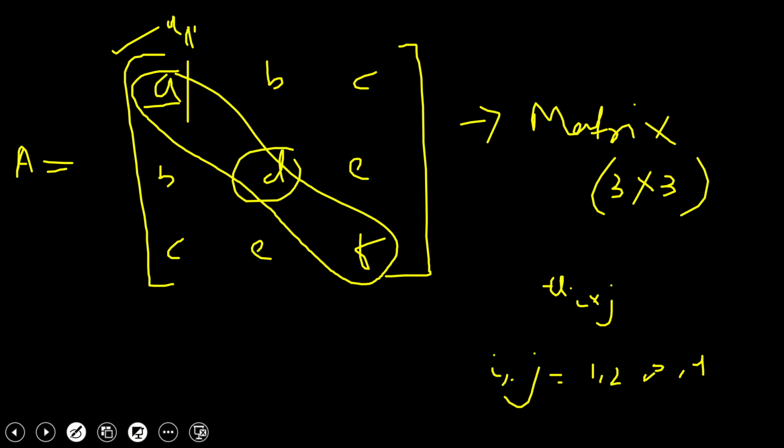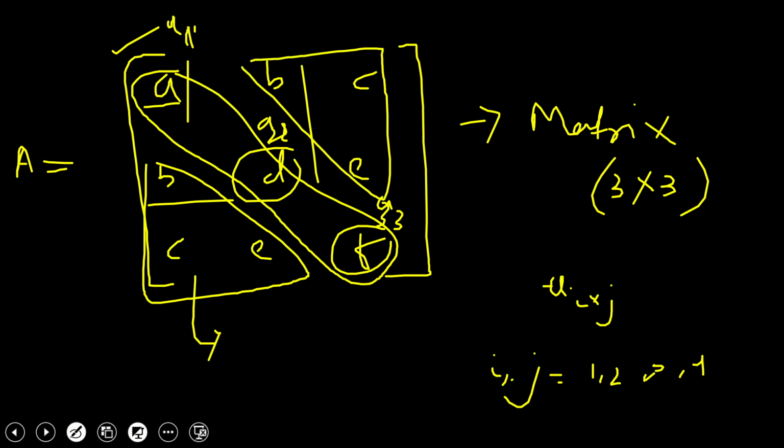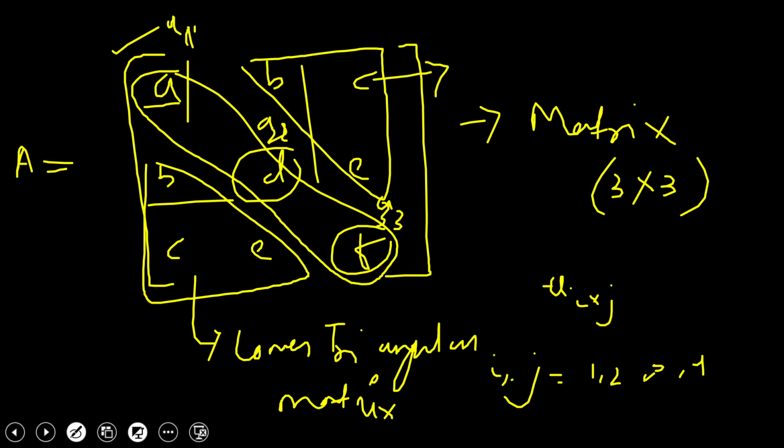This one is in the second row and second column, so we consider A22. Similarly, this one is A33. If you consider this diagonal, you can see this triangle and this triangle. This is the lower triangular matrix and this is the upper triangular matrix.